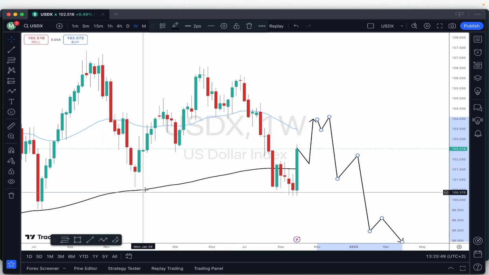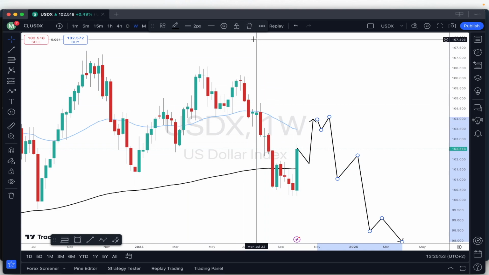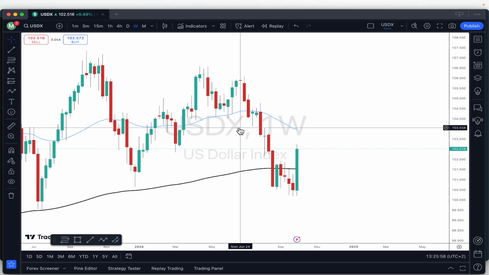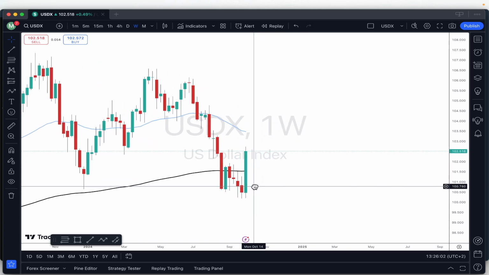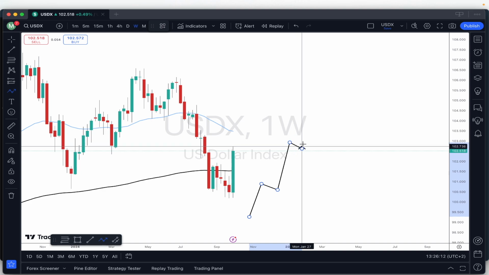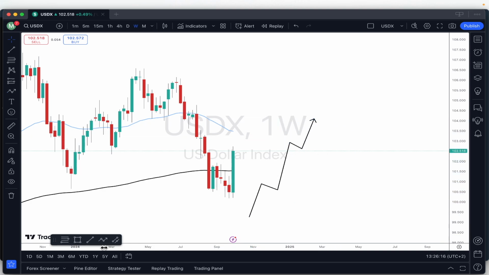Now someone might then ask and say, okay, if this is what we expect from the dollar index, how do I then translate this into the other pairs? Now here is what happens. The dollar index, when it is buying, it means USD CHF is what?